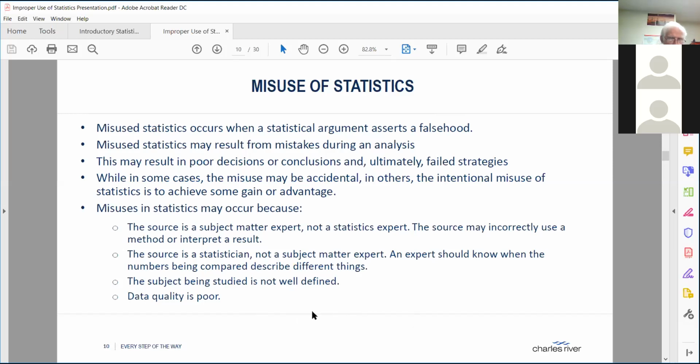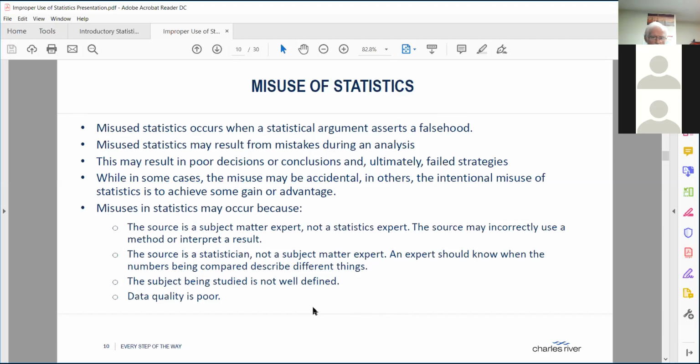They can occur when the person may know the material well, what we call a subject matter expert, but they don't understand statistics, and vice versa. A statistician who's looking at data without being an expert.